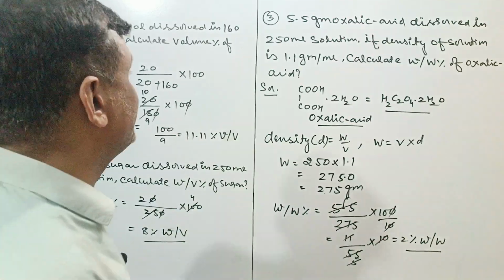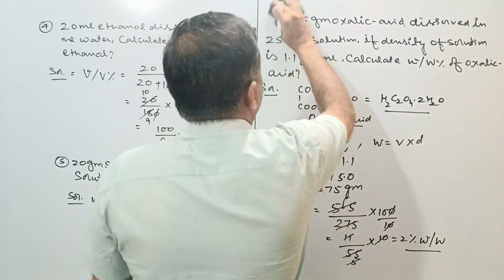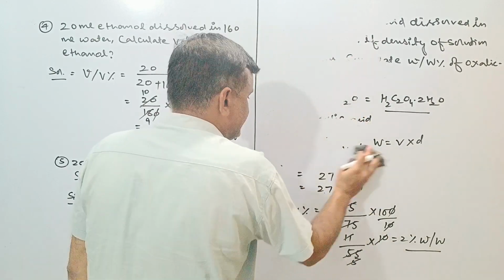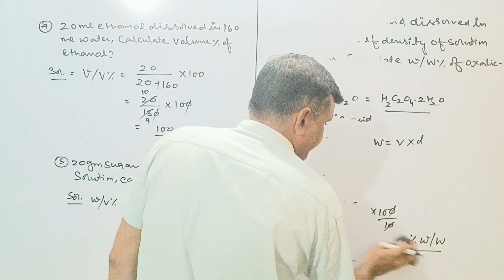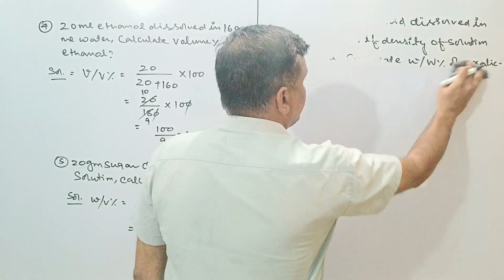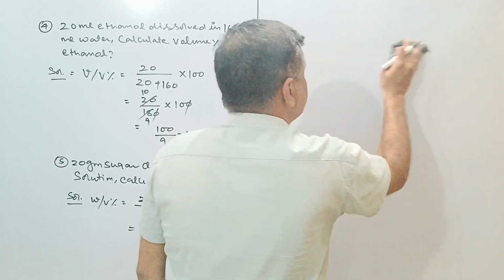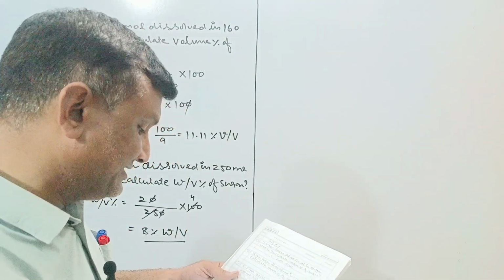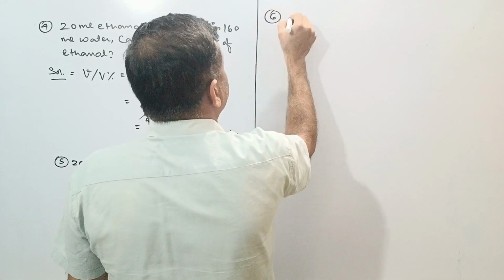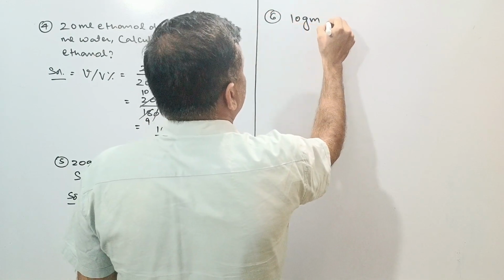Now I would like to go with question number 6. Question number 6 is: 10 gram urea.